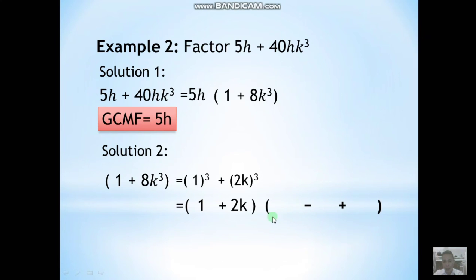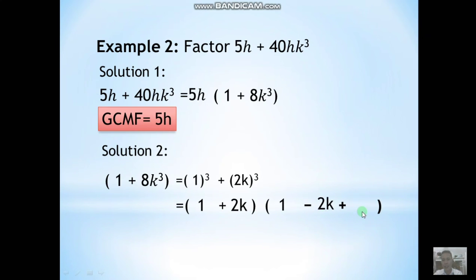First, the first term: let us multiply the first term of the binomial factor by itself, meaning squaring it. So 1 times 1 is 1. Then, to obtain the second term, let us multiply the two terms in the binomial factor, that is 1 times 2k, that is 2k.